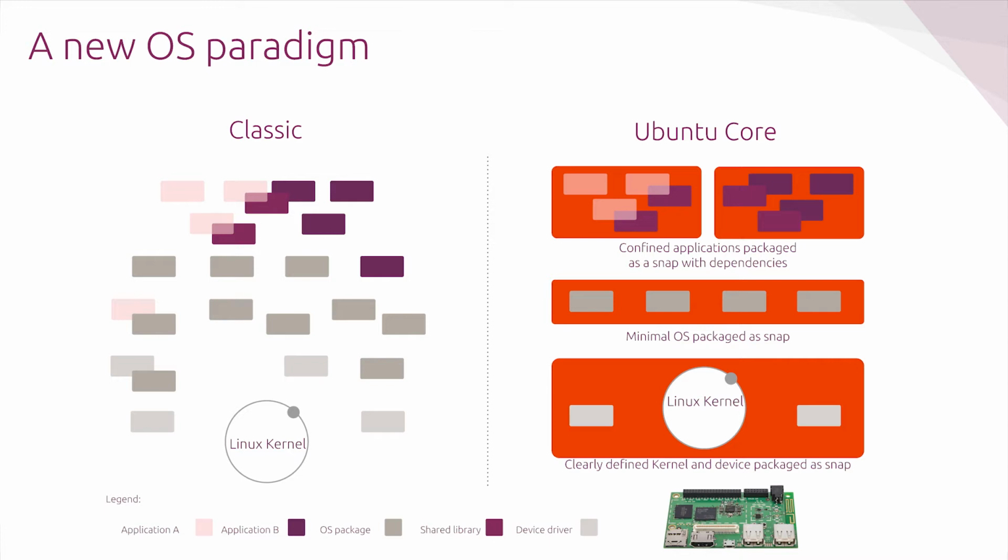So they are totally isolated from each other, and they can only interact with the system through the interfaces. In summary, what we have is an architecture which delivers better security and a stronger resiliency. In this new operating system paradigm, even the bootloader and the kernel and the distribution base are snaps. Everything is a snap, and only snaps which are strictly confined can be installed.